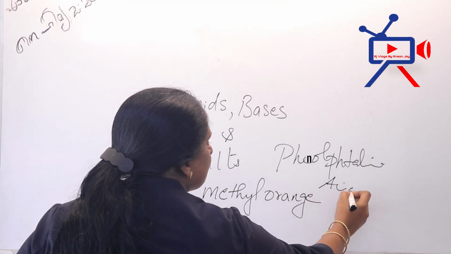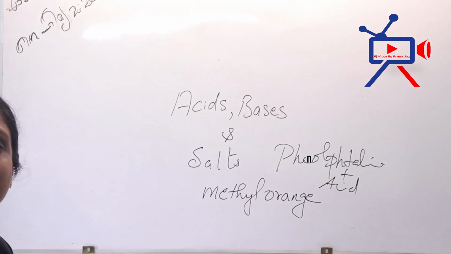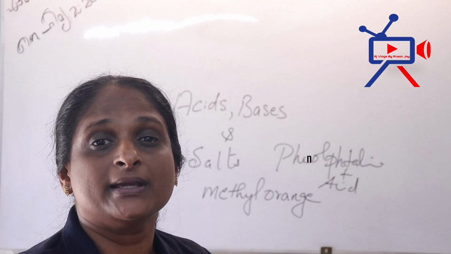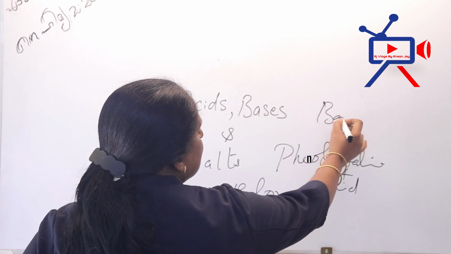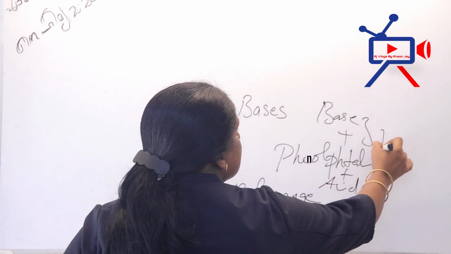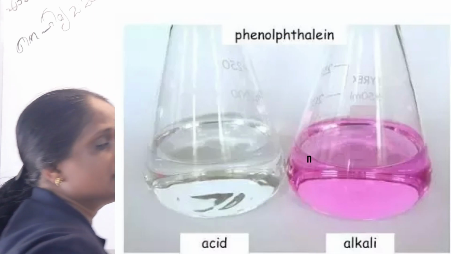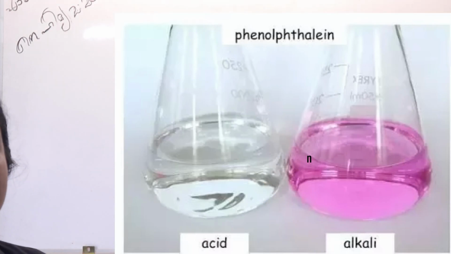When phenolphthalein is added to an acid, there is no color; it will be colorless. But if you add it to a base, it gives a pink color, really a magenta color.